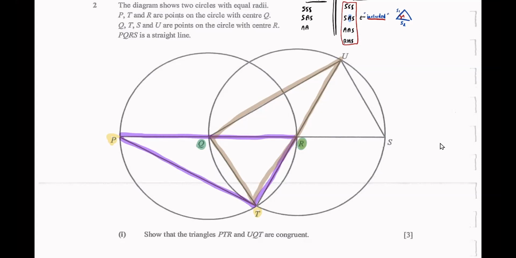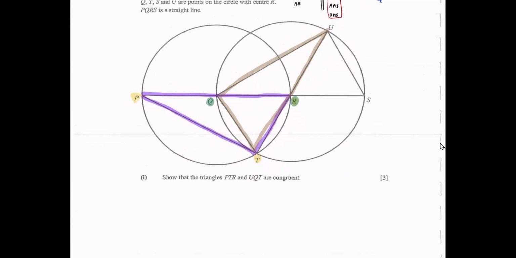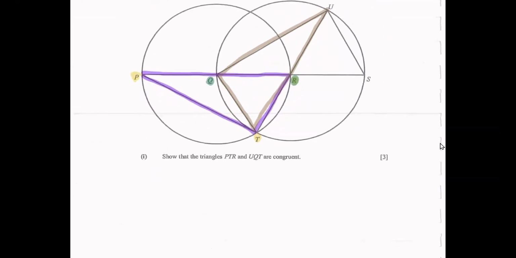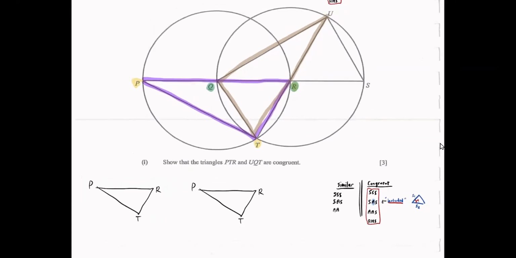Okay, I can see. All right, so usually for proving congruent triangles or similar triangles, what I'll do is copy down two copies of the same triangle, but with different labels. In this case, I can see the purple triangle, which is PTR. Then I'm just going to duplicate the exact same diagram and relabel the sides.